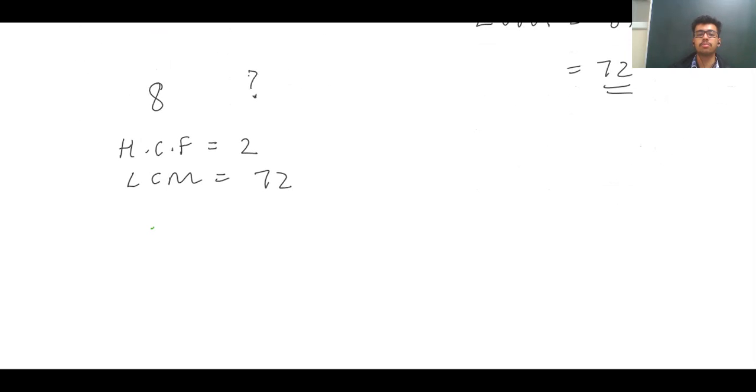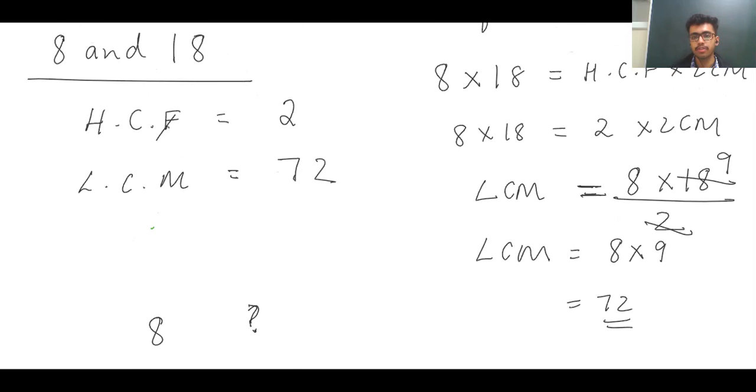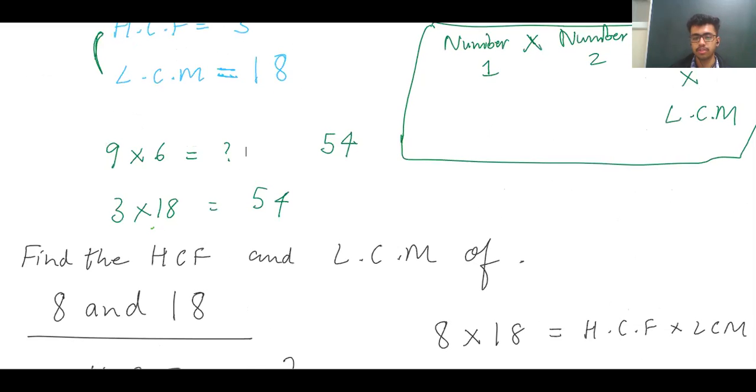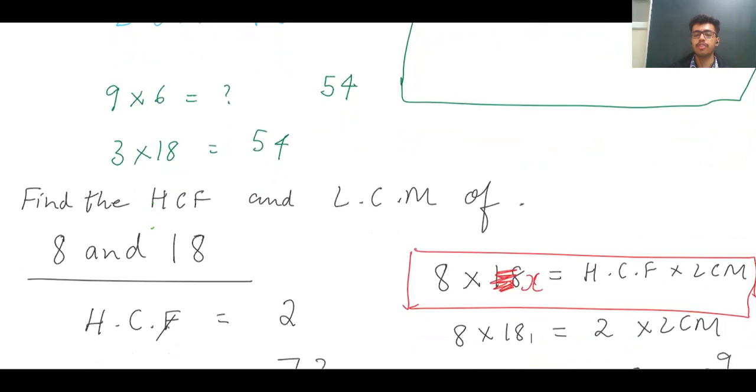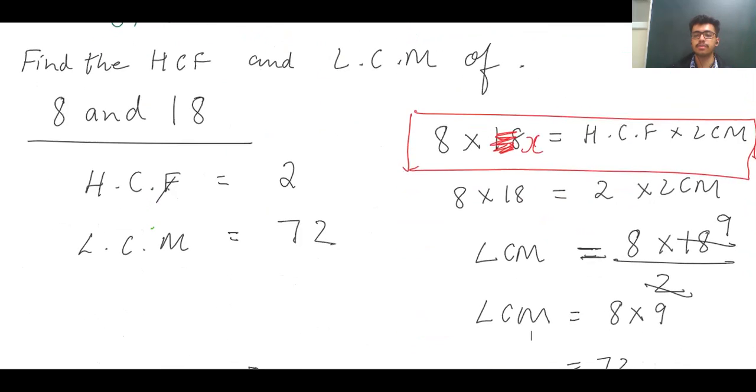Then you have to use this formula, 8 into 18 is equal to HCF into LCM, but you don't know this 18. You only have one number. So the other number you can call number 2, or you can call it X. Now you have to find the value of X.